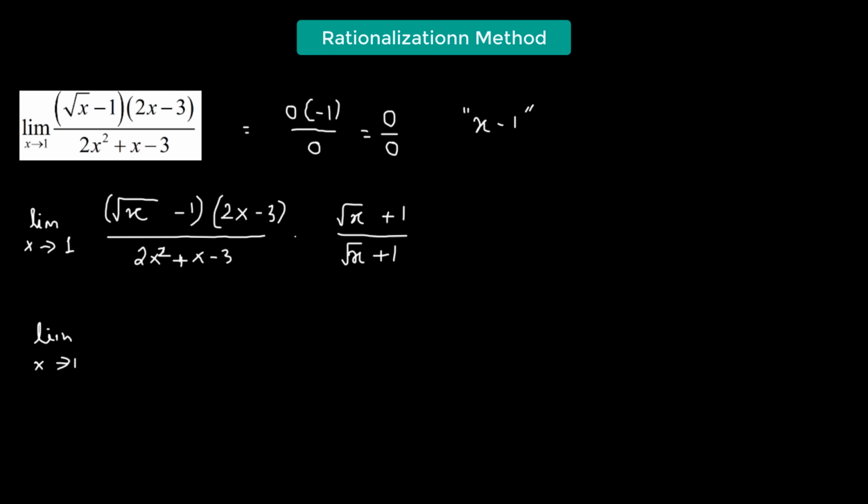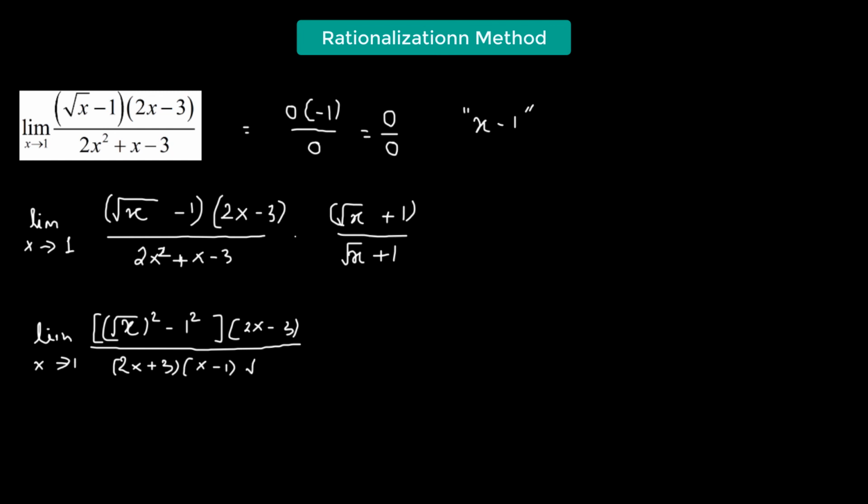Limit x going to 1, so we can take the product of root x minus 1 times root x plus 1, following the identity a minus b times a plus b, so that will be simply root x squared minus 1 squared times 2x minus 3 divided by, so we can factor 2x squared plus x minus 3 by splitting the middle term, so that should give us 2x plus 3 times x minus 1 multiplied by square root of x plus 1.